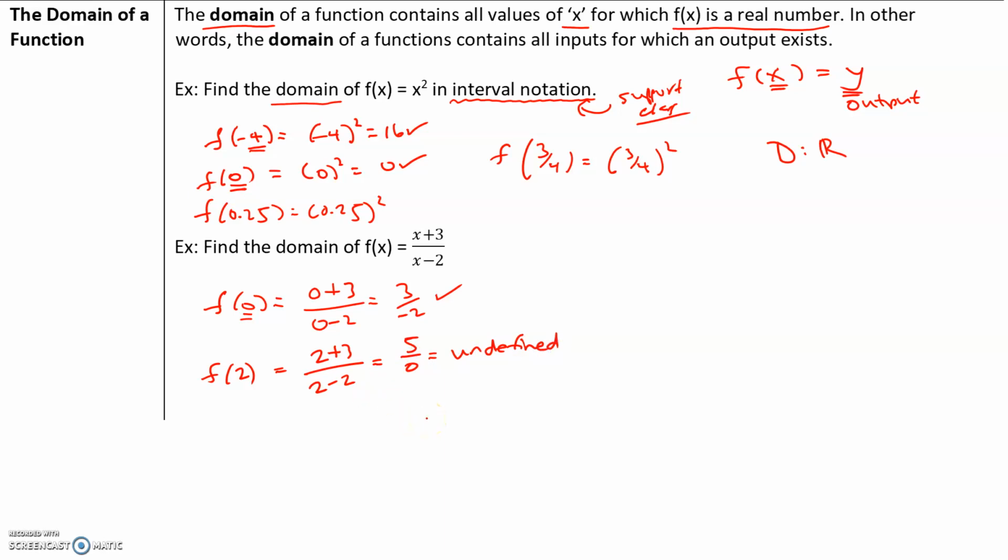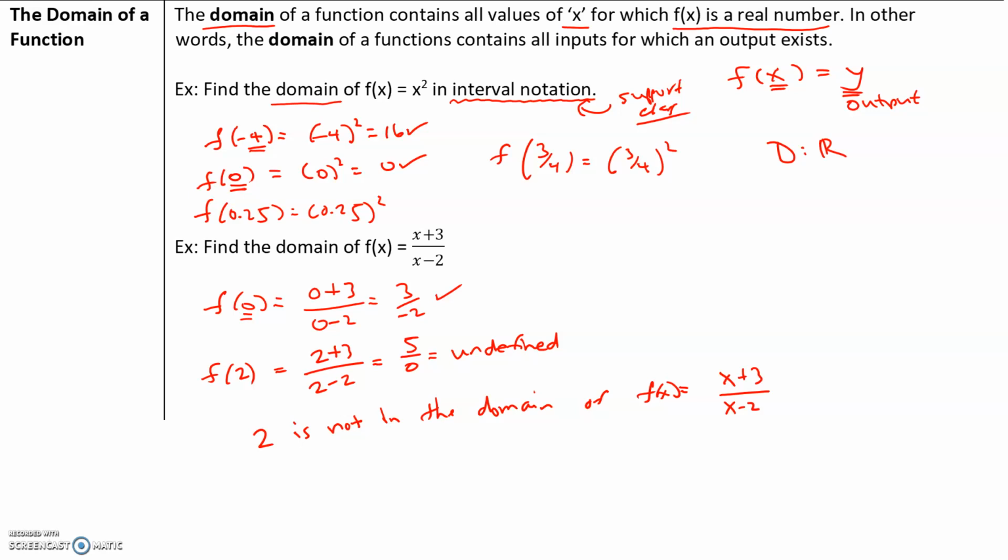If we divide by 0, our answer is undefined, which means that 2 is not in the domain of f of x equals (x + 3) over (x - 2), because when you plug in 2, you don't get a real number. So 2 is not in the domain of this.